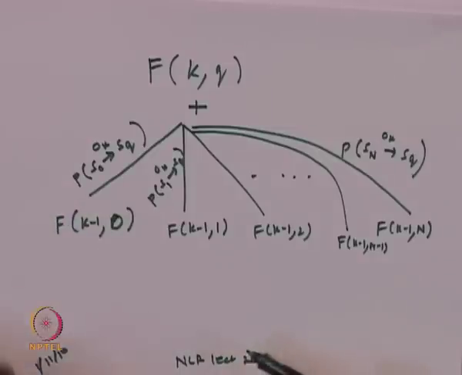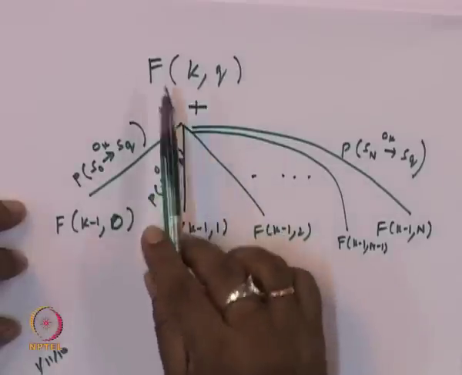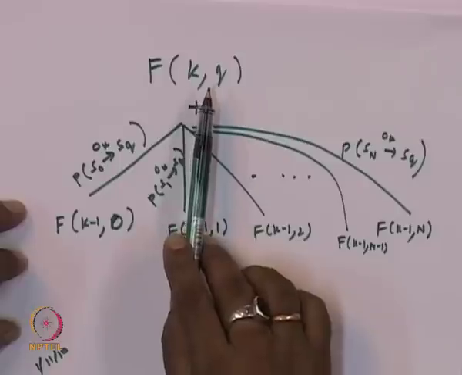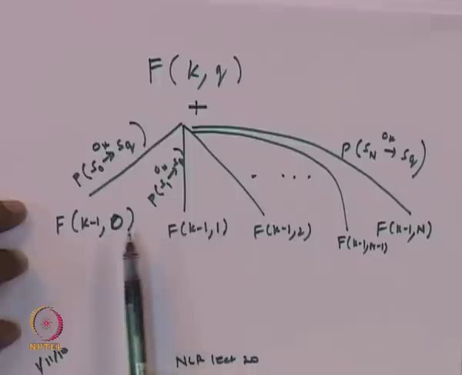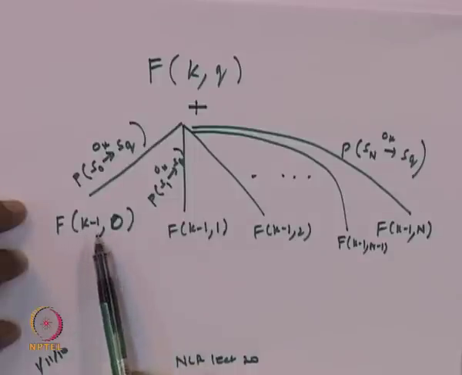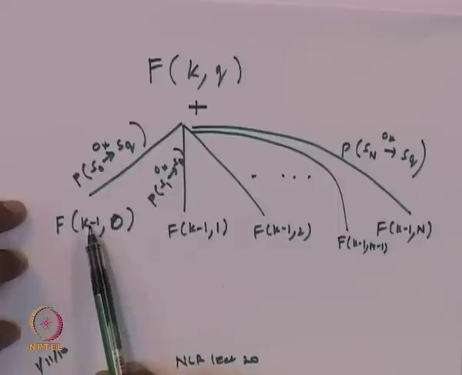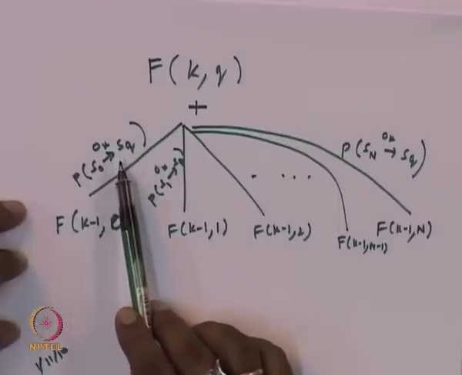So, this means that the computation of these f k comma q can be done by performing an addition of n plus 1 previous computations multiplied by a probability value.